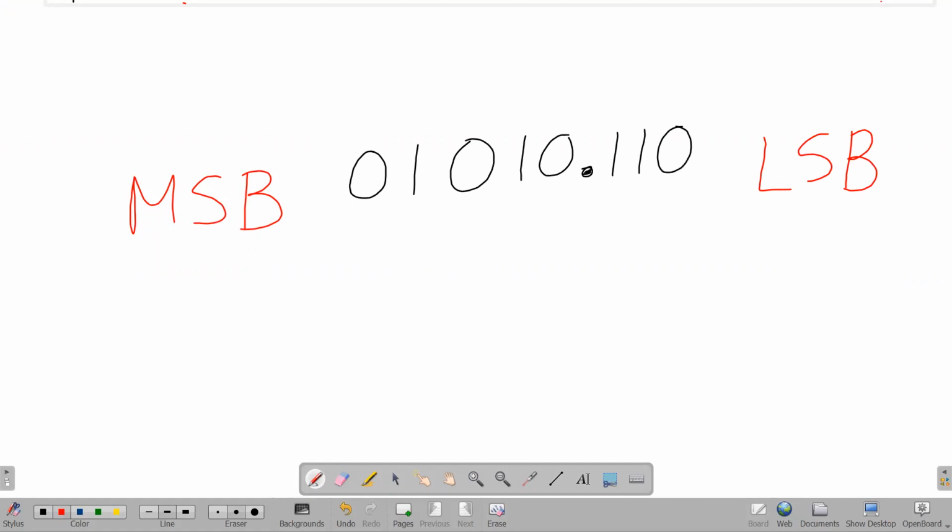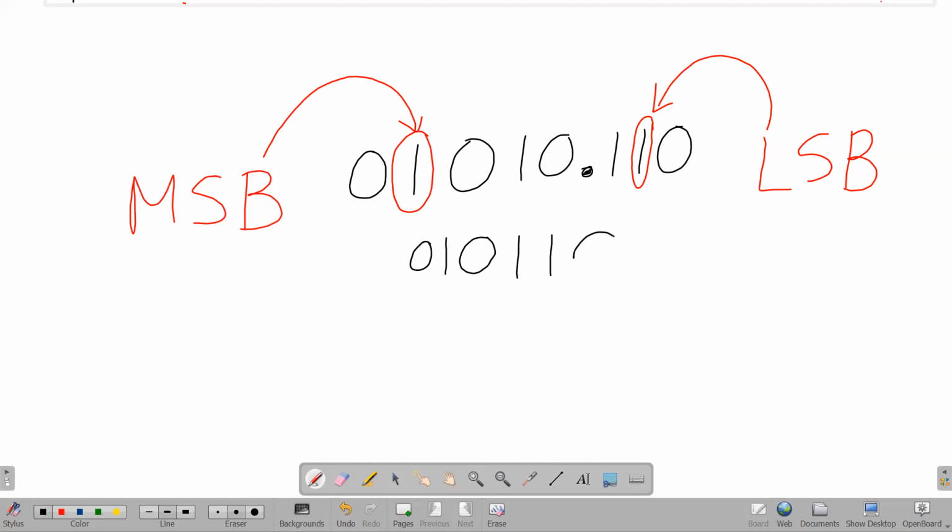So we can illustrate this as the MSB and this as the LSB. If I'm talking about a whole number, this one is going to become the MSB and this 0 is going to become the LSB.